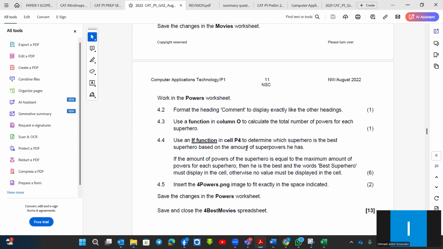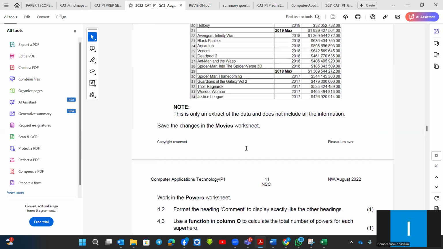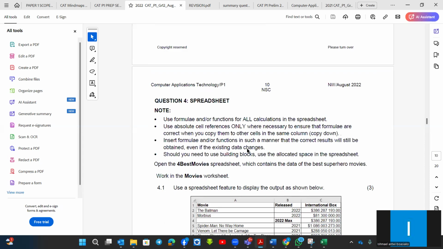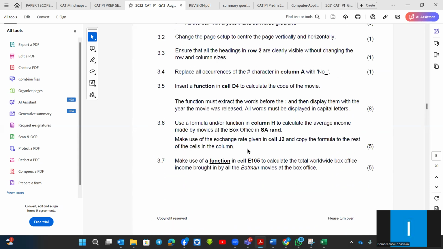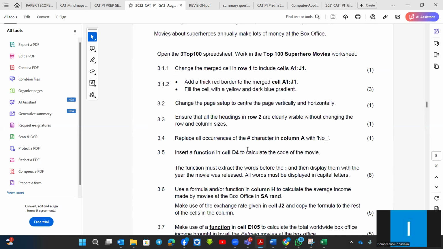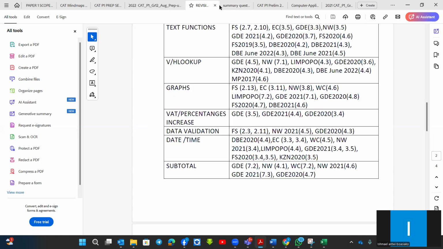And then also the Northwest question, 2020, there was no date and time. All right, now let me move to the next question. Today we are just looking at date and time challenging questions.